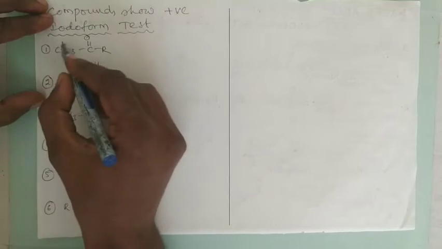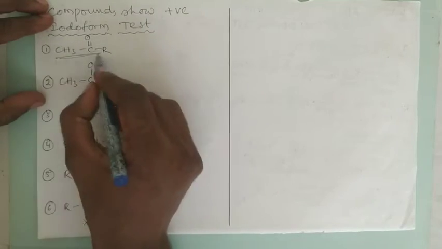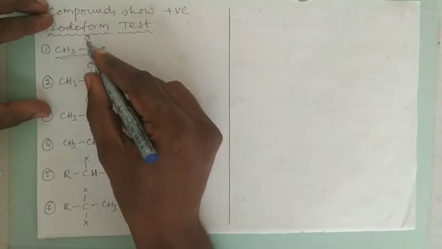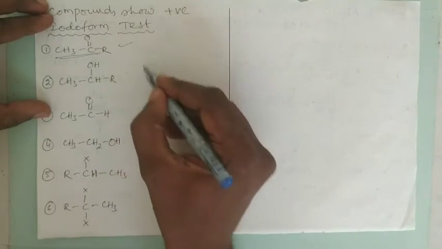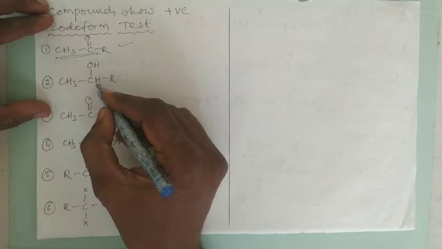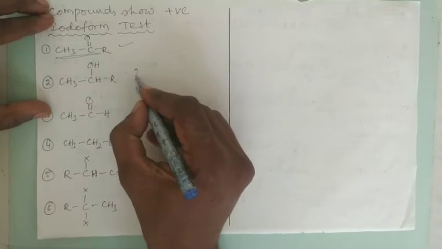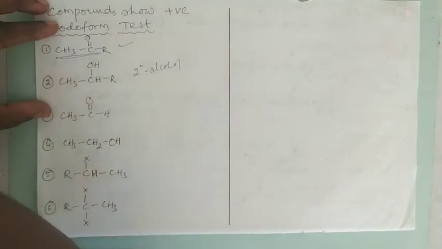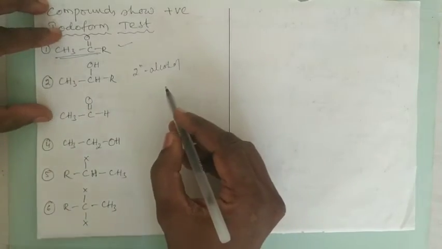CH3COR: as I told you, the requirement is a methyl ketone. This is a methyl ketone, the CH3CO group is there, so this will show the iodoform test. CH3CHOHR is a secondary alcohol, and this alcohol will show the iodoform test. Why?